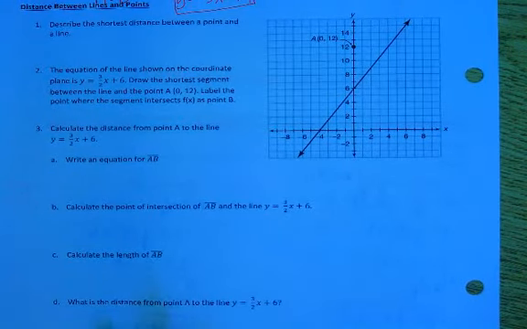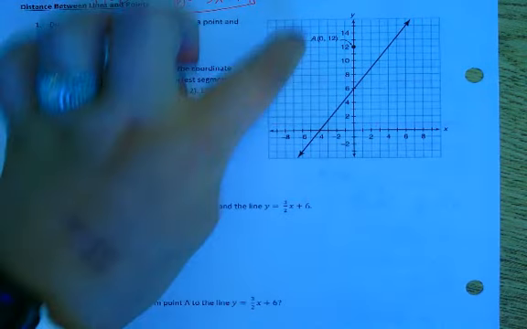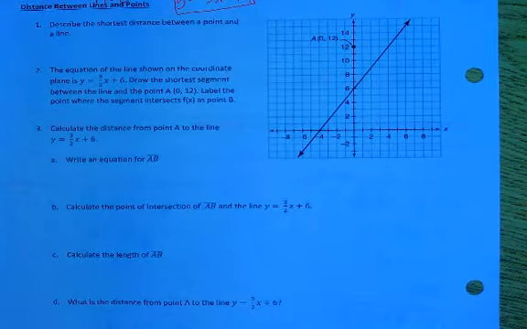Describe the shortest distance between a point and a line. So if I wanted to get from point A to the line, what kind of distance would that be? What kind of line would make the shortest distance from A to the line?